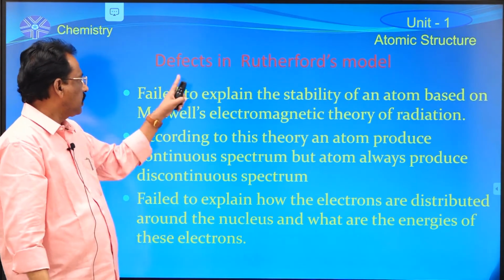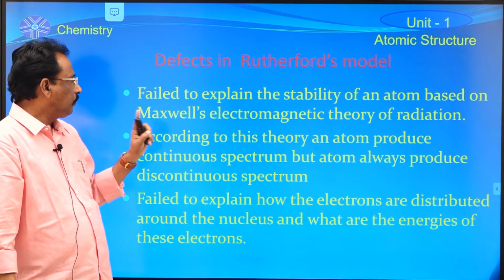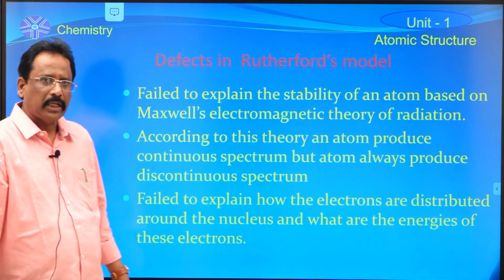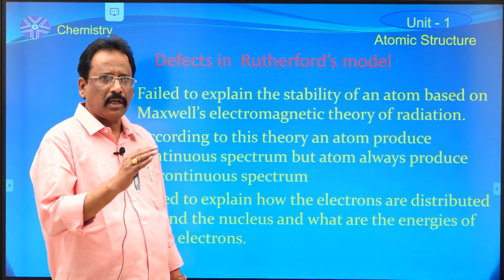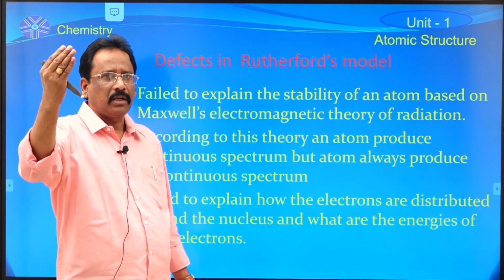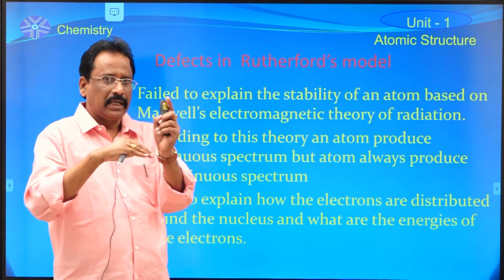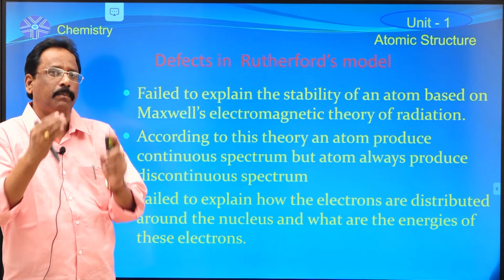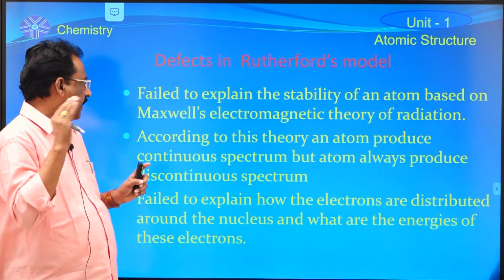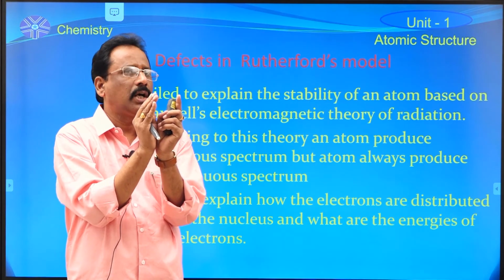That means, like Thomson's atomic model, this model also failed to explain the stability of an atom based on Maxwell's electromagnetic theory of radiation. But this is not applicable to the planetary model. Planets are uncharged. That's why they do not fall into the sun. But here the particles are electrons. They are revolving around the nucleus with high speed. So according to Maxwell's electromagnetic theory of radiation, every revolving charged particle must lose some amount of energy.